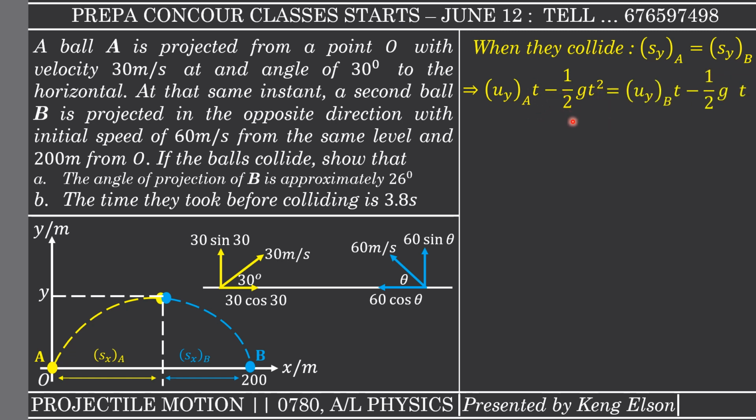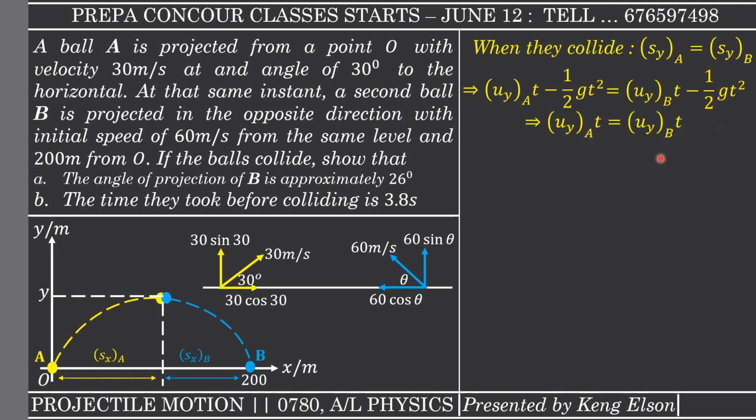For ball B it is the same thing, ut minus half g t squared, but the u there is the initial velocity of ball B in the vertical direction. The time taken by both balls is the same. So the minus half g t squared cancels with the minus half g t squared.